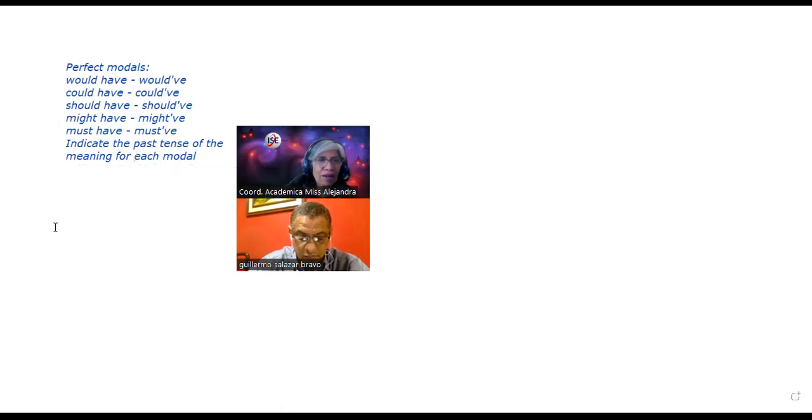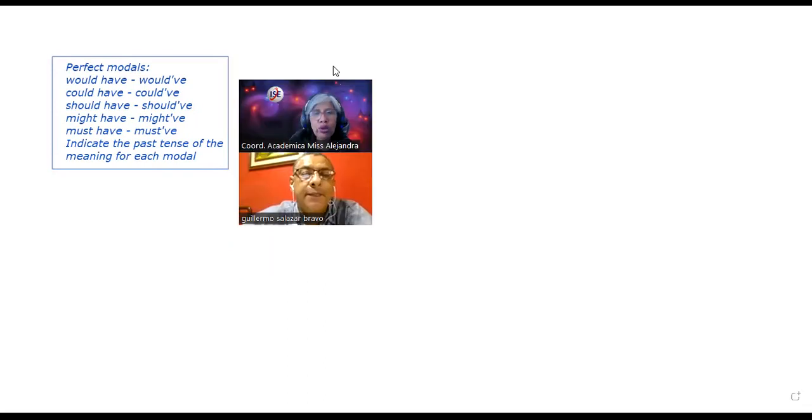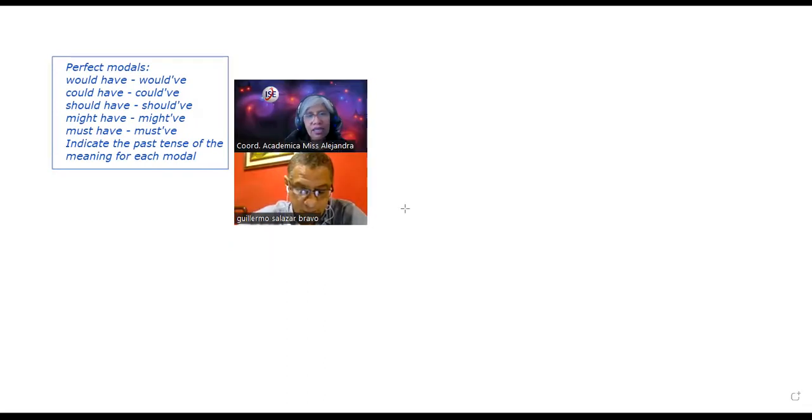Okay, so when we have the third conditional, we have a perfect modal in the main clause. Usually would have.